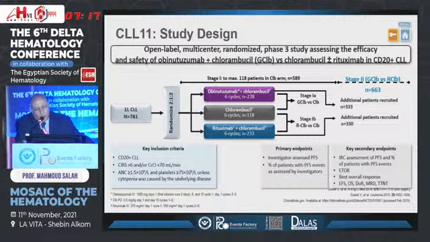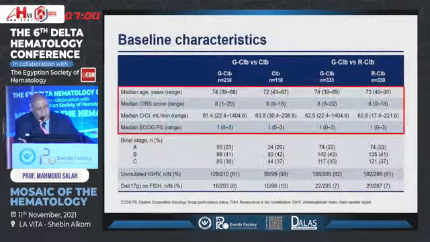The primary endpoint was progression-free survival by investigator assessment, and the secondary endpoints were IRC progression-free survival, the best overall response, overall survival, and duration of response.